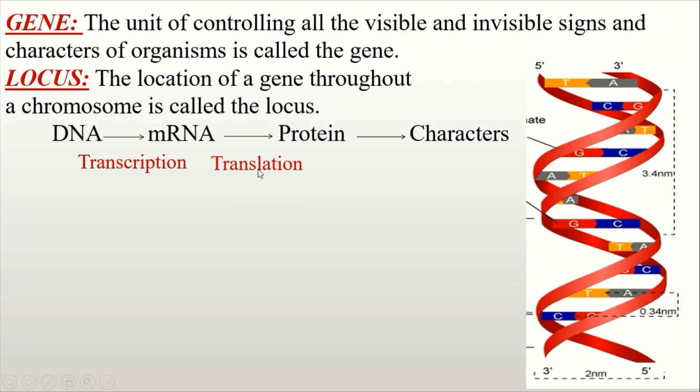This protein determines the nature and speed of biological reactions, and from that, the characteristics of a living organism are determined with respect to the environment. These characteristics include everything from the structure to the behavior of any living organism.